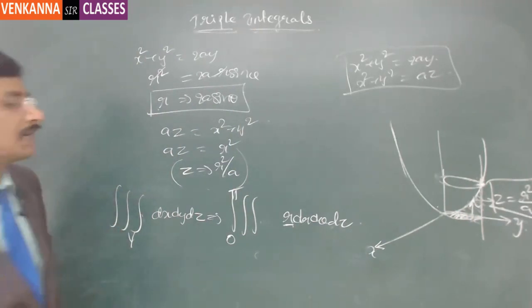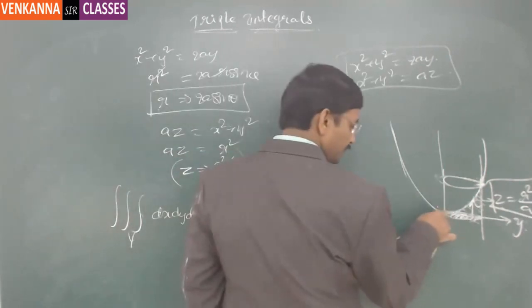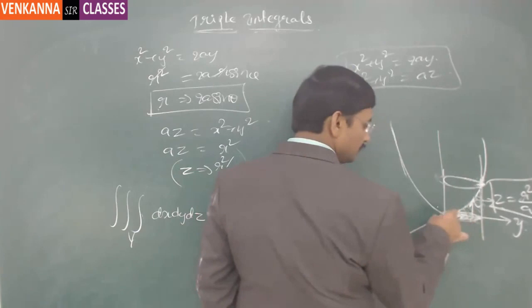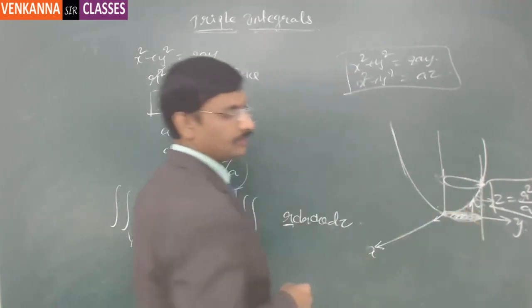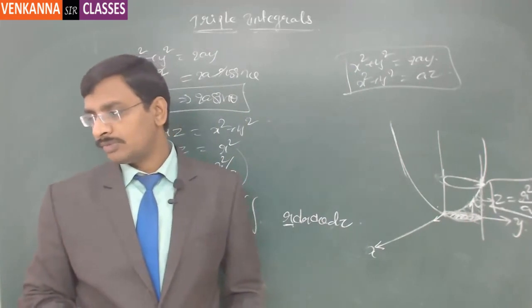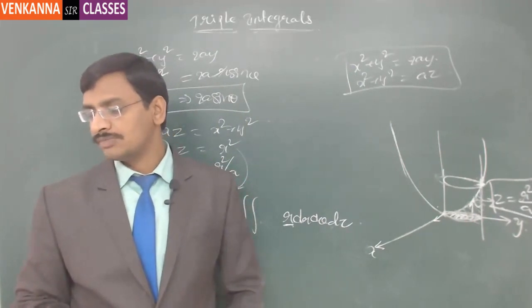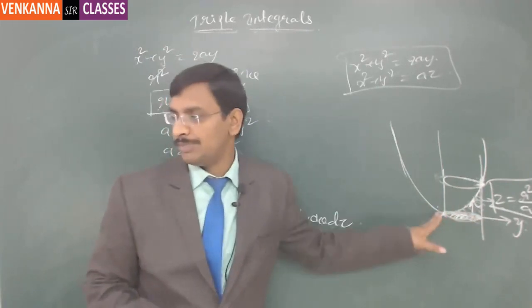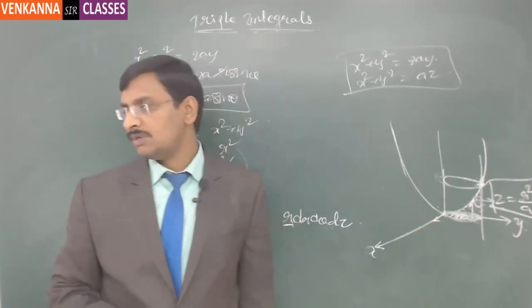So the theta limits are, theta starts from the x-axis, that is 0 to 360 degrees, 0 to 180 degrees. I hope nobody has any confusion on this. Theta varies from 0 to 180, not 360, though it is a complete circle. Does anybody have any questions on that?